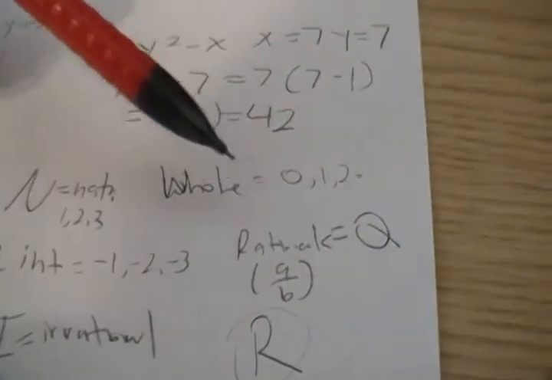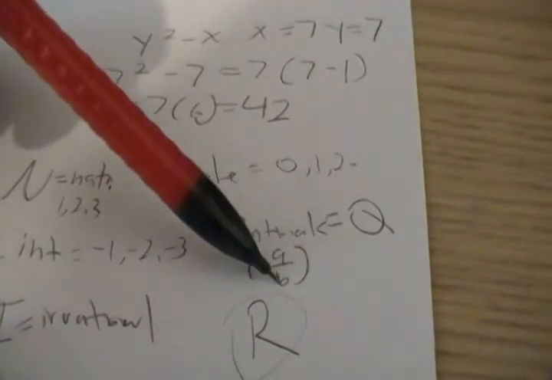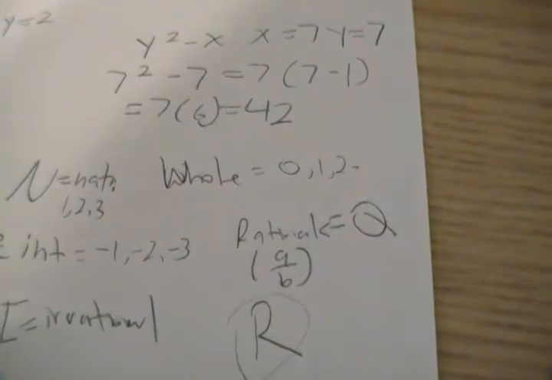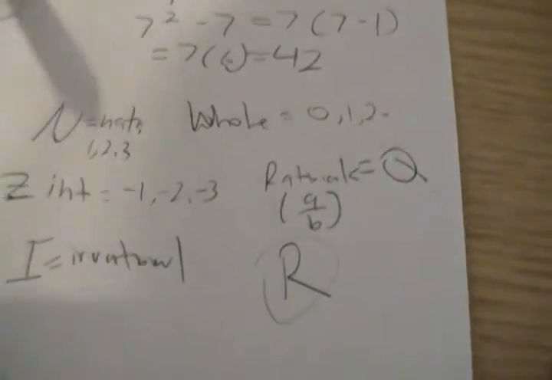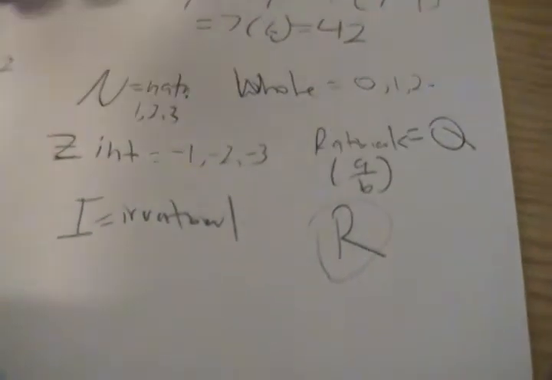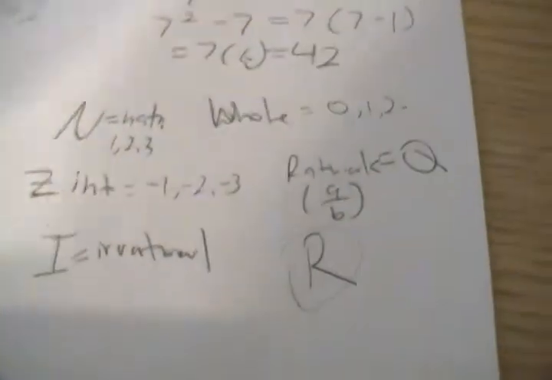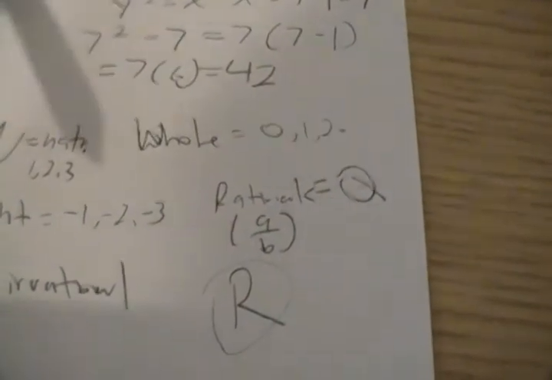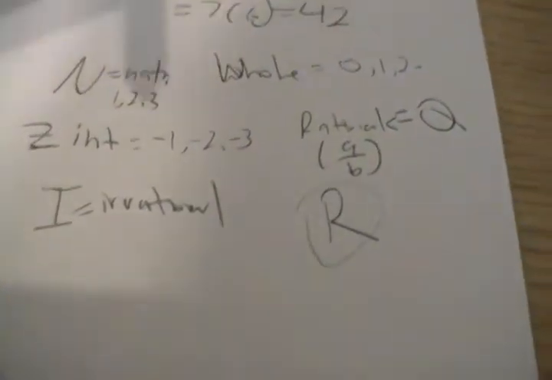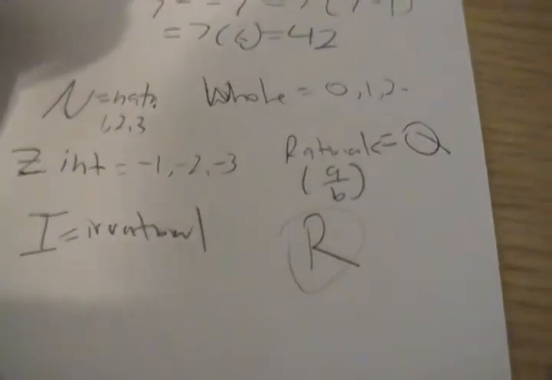Then we have what we call rationals, which are like fractions. The only thing is that b can never be 0. Okay. Then we have what we call irrational numbers, which are numbers that keep repeating, or you cannot really divide or combine two integers on top of each other.